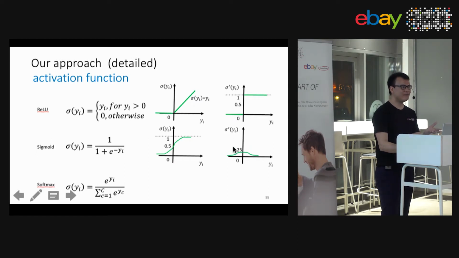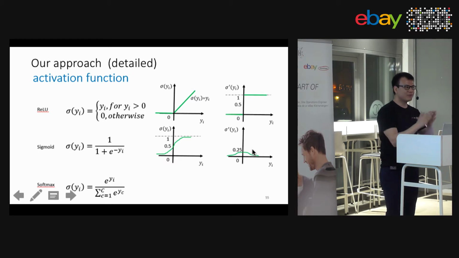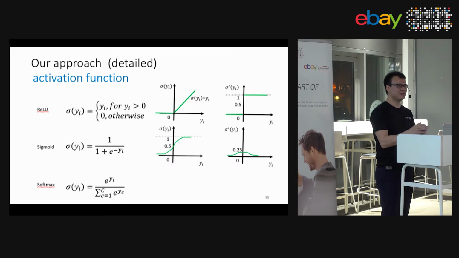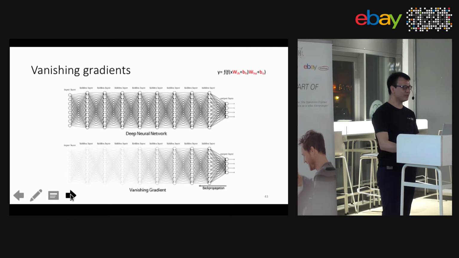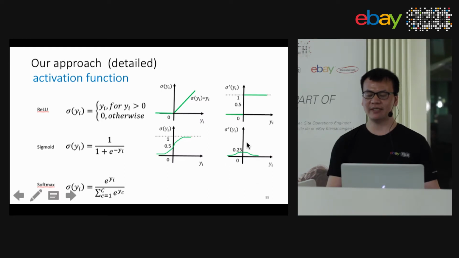If I multiply with this small number many times, the number of times equals the number of layers. Then with more layers, for the beginning layers, I will have very small gradient information because of this continuous multiplication with this small number.